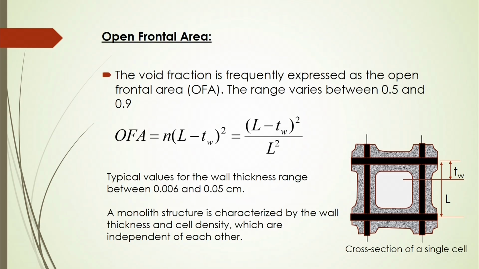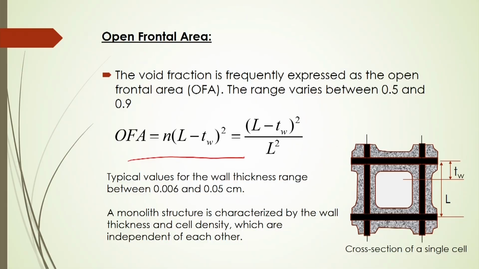So, it is a function of L, TW and N. This open frontal area can be calculated from the equation given here, where OFA will be equal to N into L minus TW whole square, and that can be simplified upon substitution of the value of N from the previous equation, so that finally we get the open frontal area equals L minus TW by L whole square.